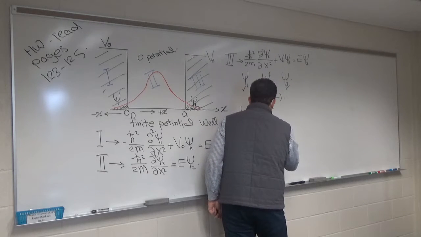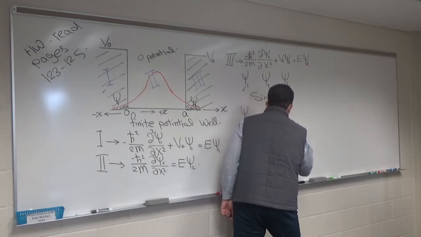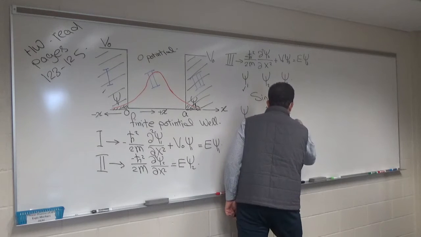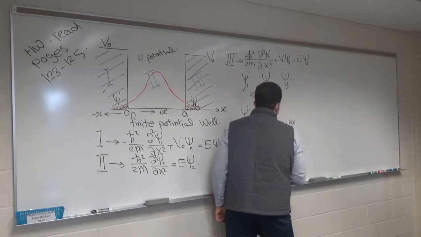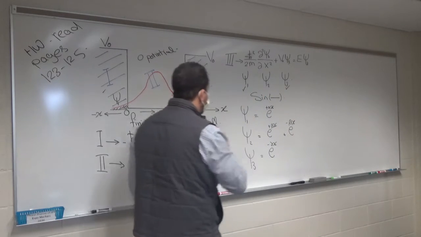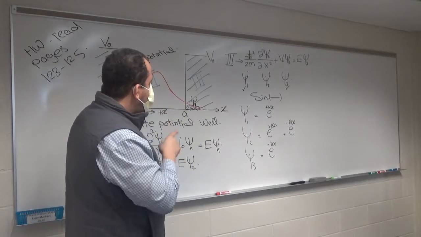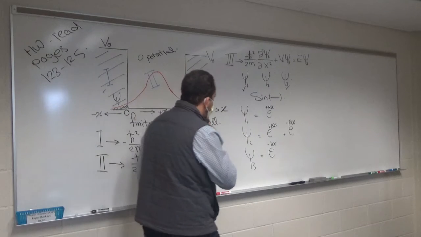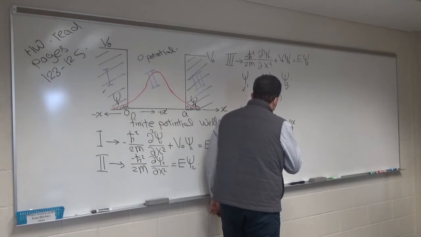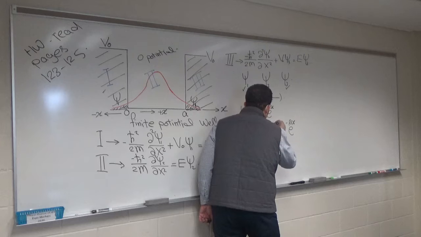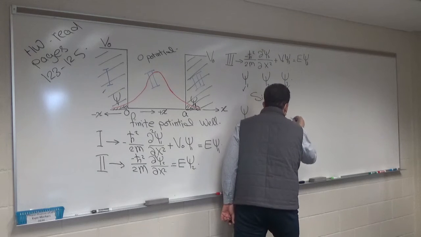Now, if we look at this, this should have exponential plus beta x, and plus exponential minus beta x. We should have both of them, guys. And we will see if that works. I think I need to add here i, the complex number i.